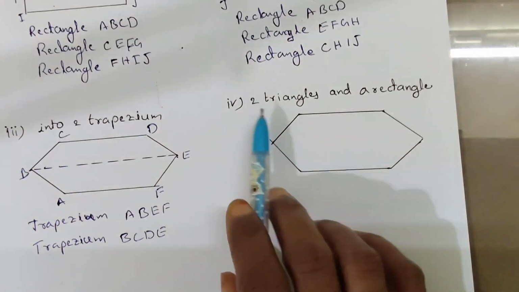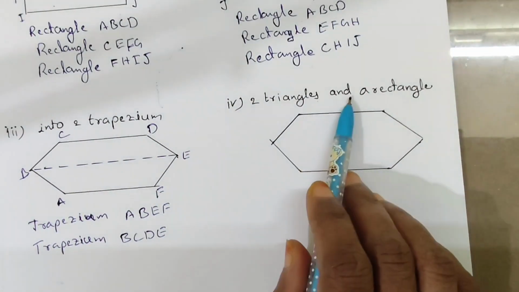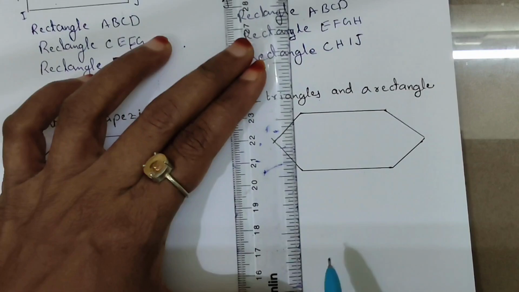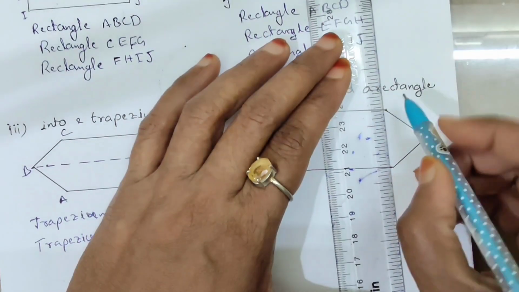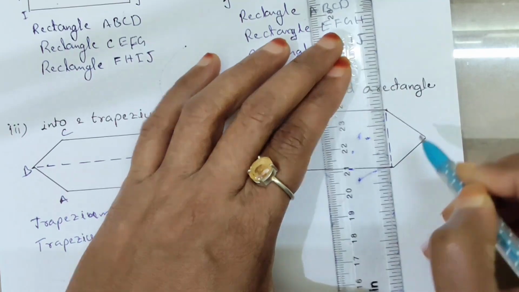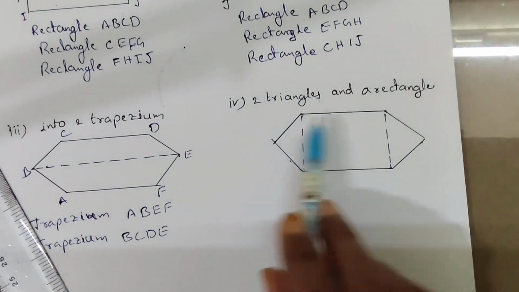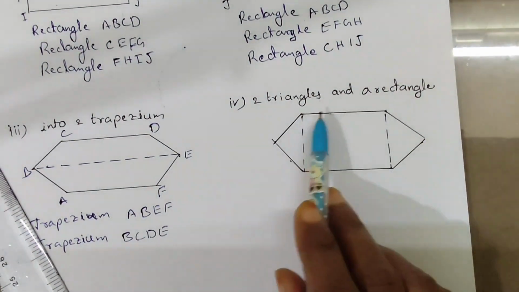Next diagram. The fourth one is 2 triangles and a rectangle. Here, 2 triangles. Now we draw the lines here, the 2 lines. So these 2 are the triangles, and the middle one is the rectangle.